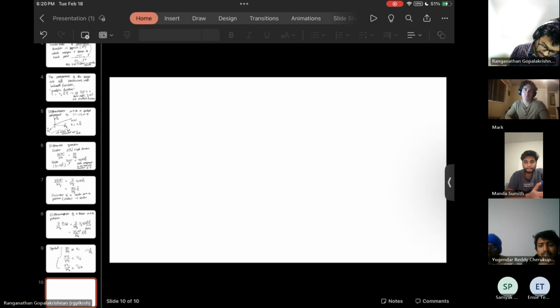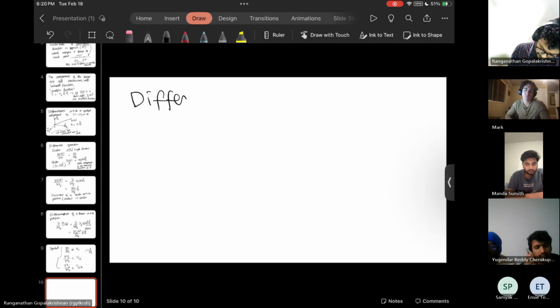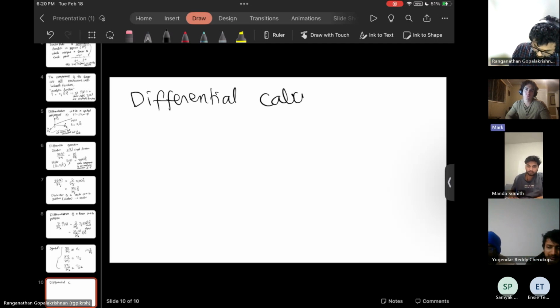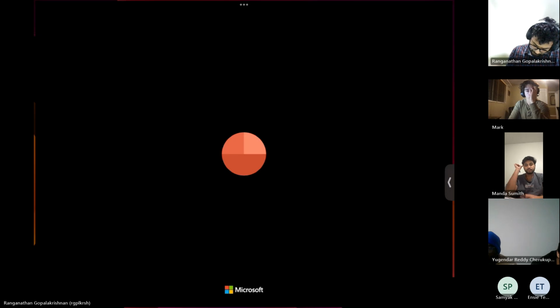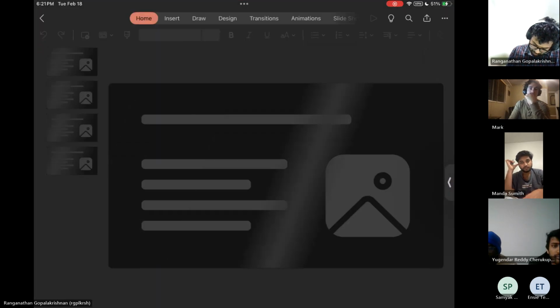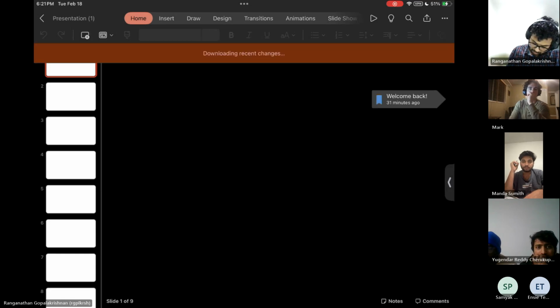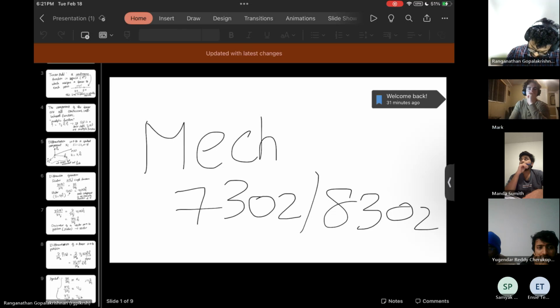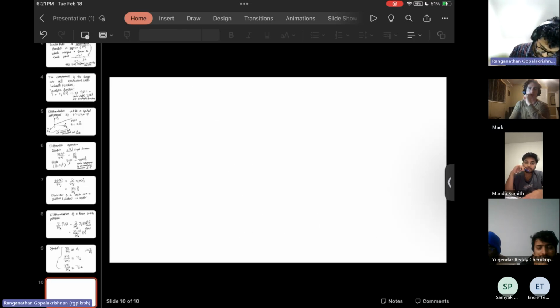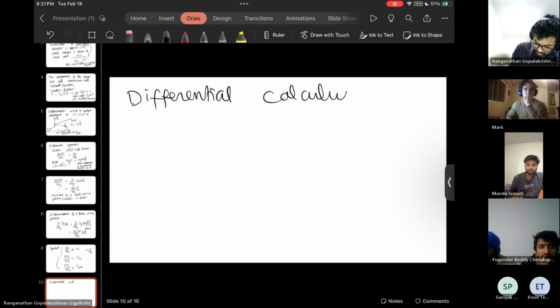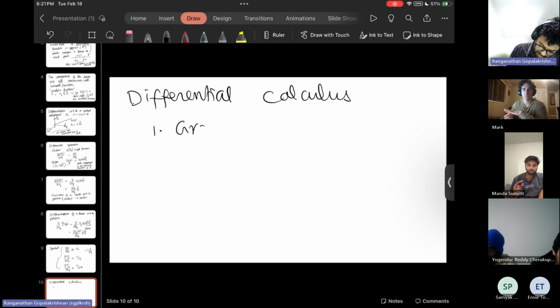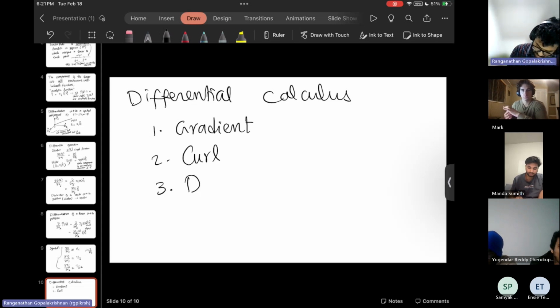So when it comes to differential calculus, there are four important operations: gradient, curl, divergence, and Laplacian.